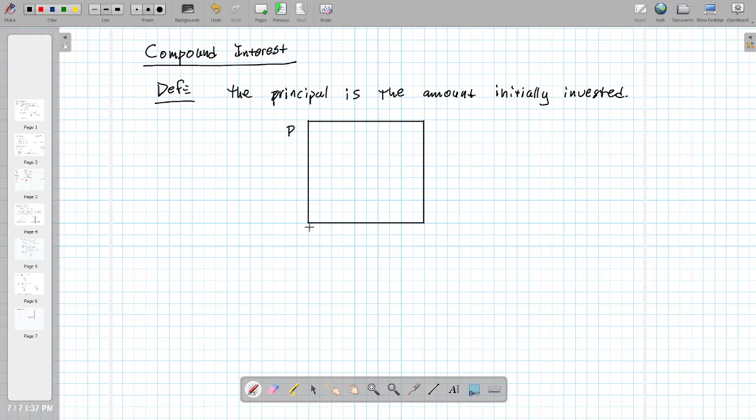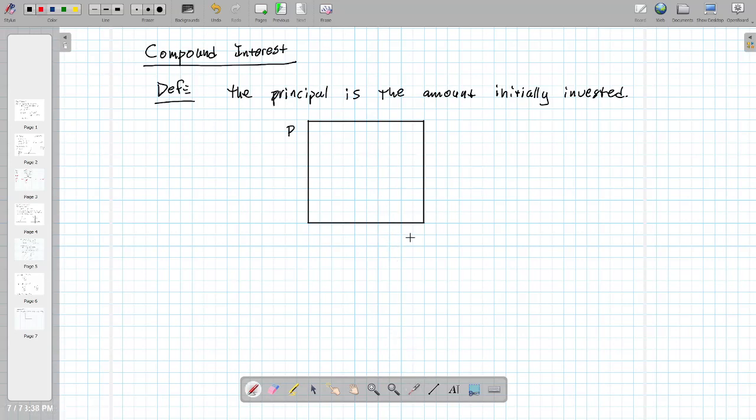Now, what compound interest is we take a percentage of this and then we add it back into the principal, so that when we take the percentage in the future, we're not only taking the percentage of the original principal, but also all of the interest that has accrued over every single time that we've compounded it. So let's explain it a little bit slowly here.